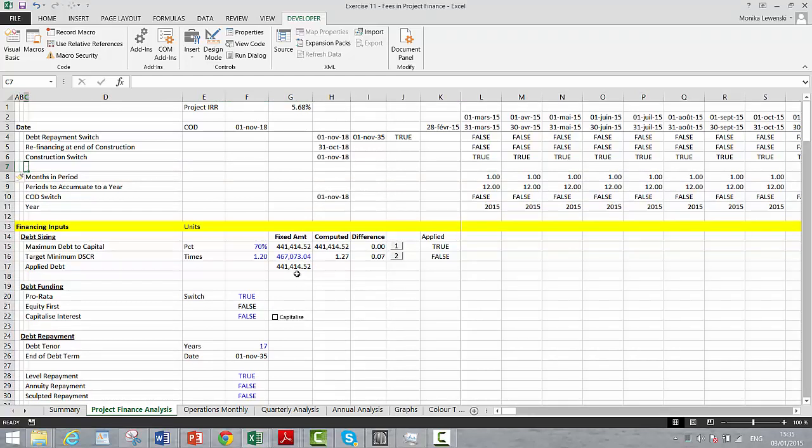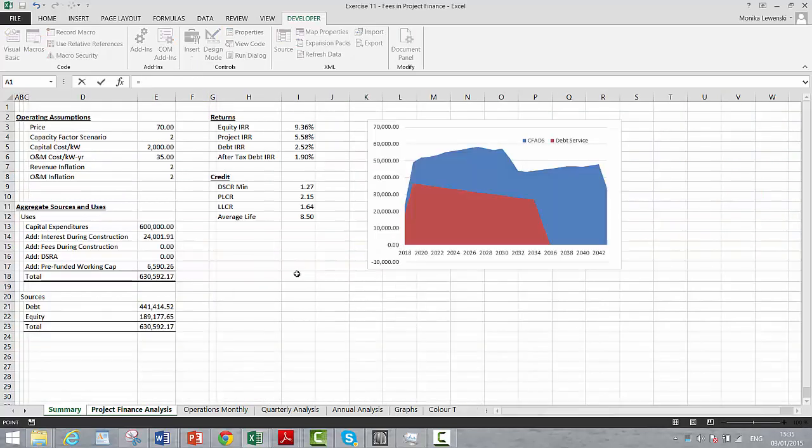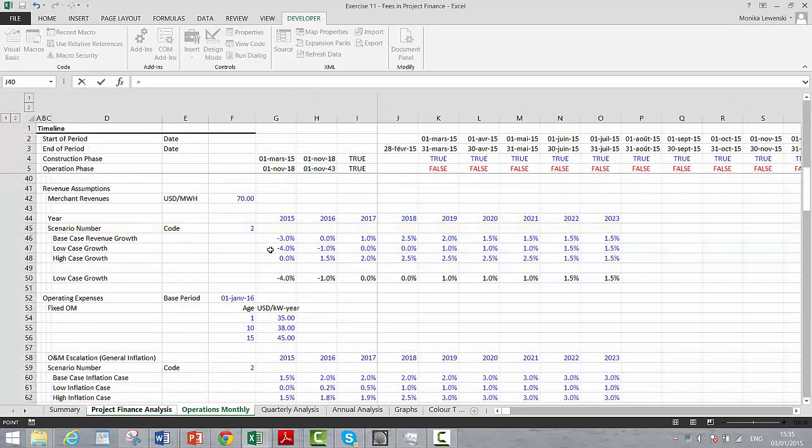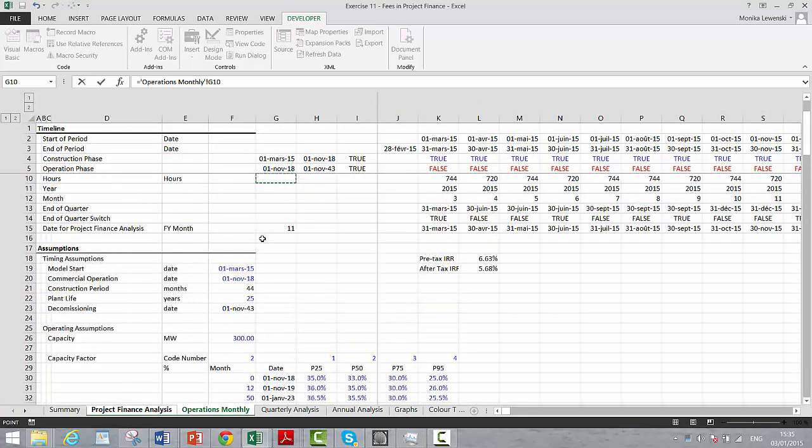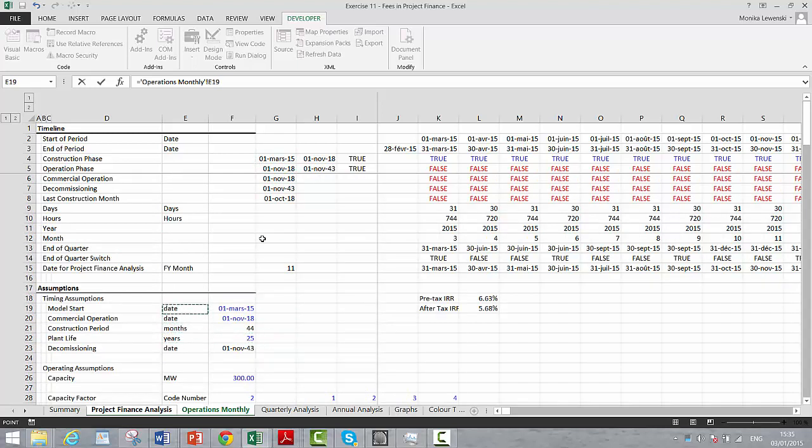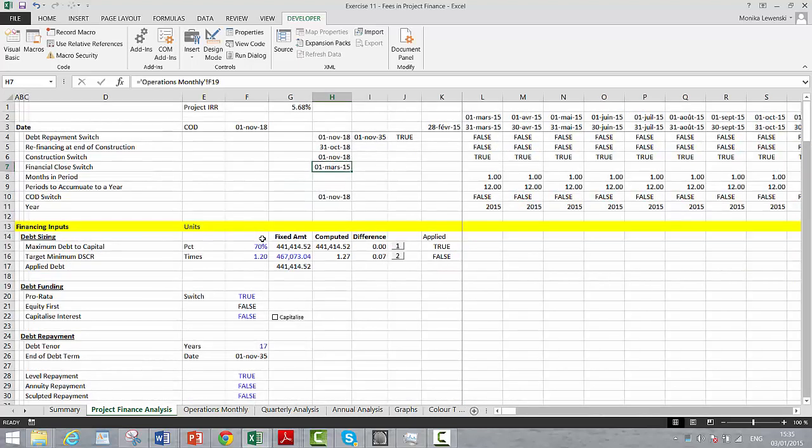So often in the models you see this financial close switch, and let's make the financial close switch simply equal to the model start date. Theoretically we should be a little more careful about that, but just make this equal to that one.